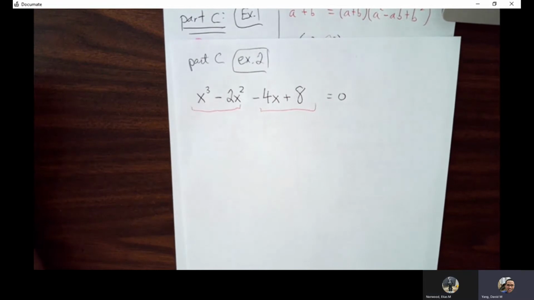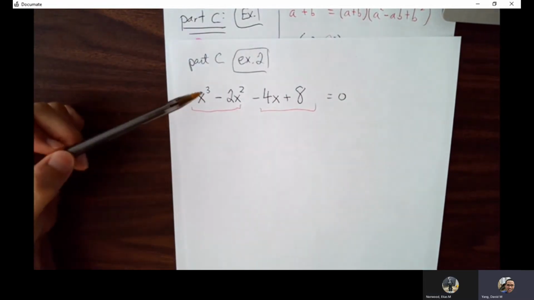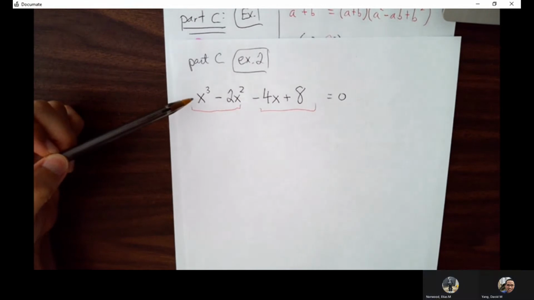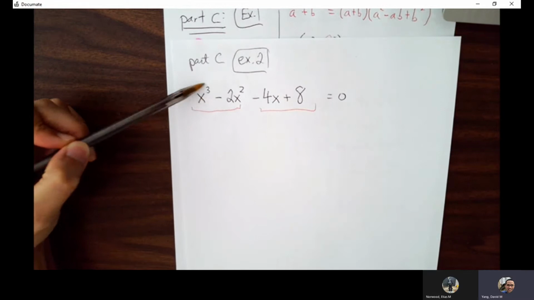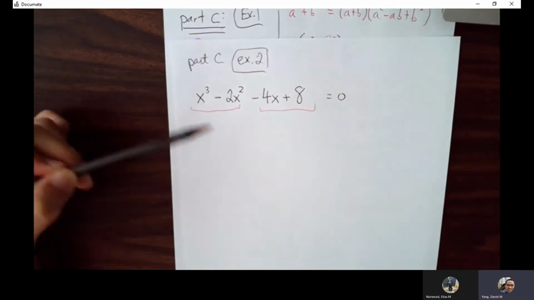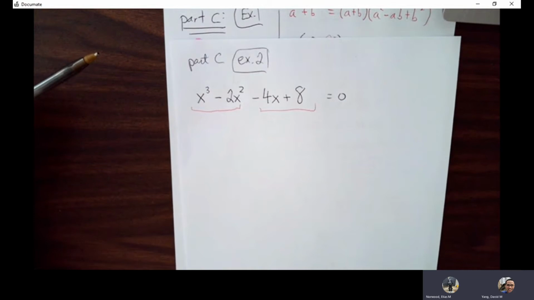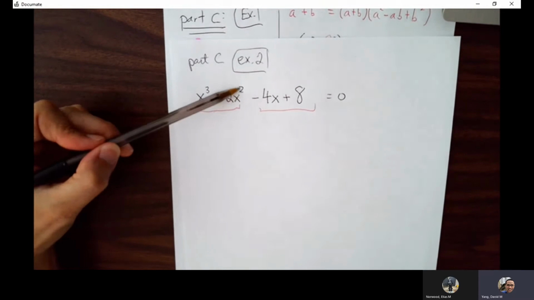X. How many? 3. Okay, so let's say this guy has 3 x's, this guy has 2 x's. What's the most that you can take from both and be fair? This guy has 3. This guy has 2.